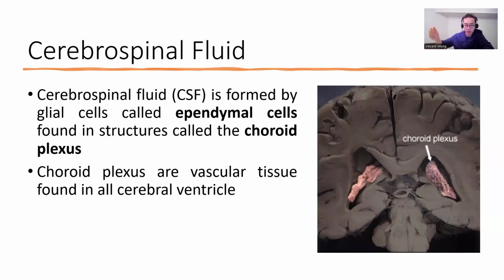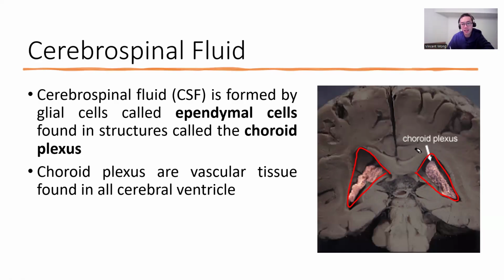Within these ventricles, and you can see two of them right here. Okay, that's one of your lateral ventricles, and then this is the other one. Okay, so left and right lateral ventricles. And I'll show you pictures of it in a bit. Okay, now within these ventricles, you will find a special structure called the choroid plexus.